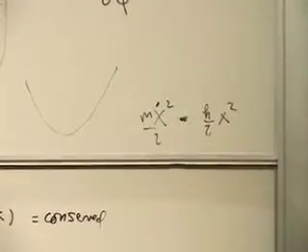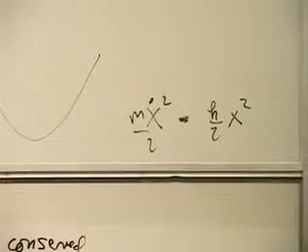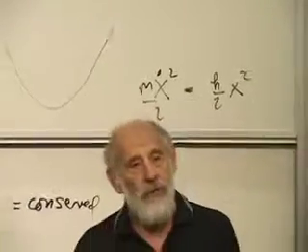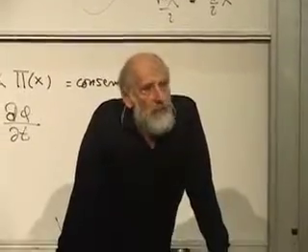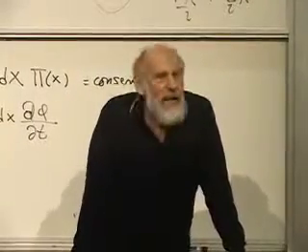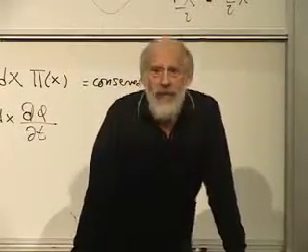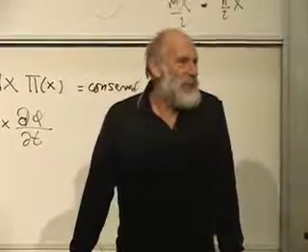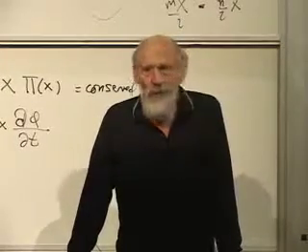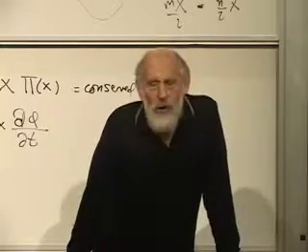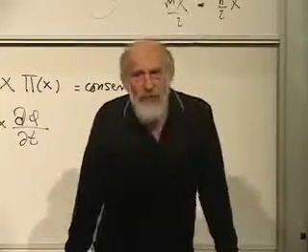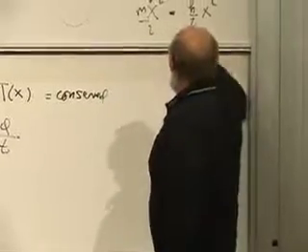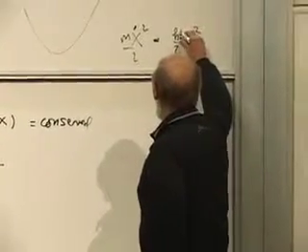But now let's change things a little bit. Let's see, how can we imagine the spring constant changing? Can you imagine the spring constant changing with time? Yeah, the spring constant might depend on the temperature. The temperature might vary with time. We don't want to take into account all the motion in the molecules and everything else, so we're going to summarize all of this by just saying the spring constant depends on time.